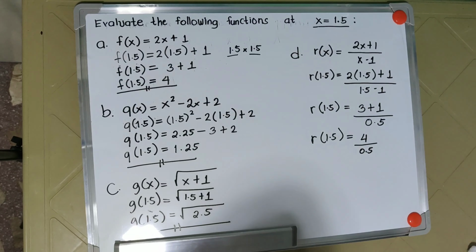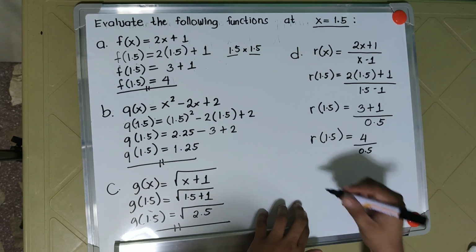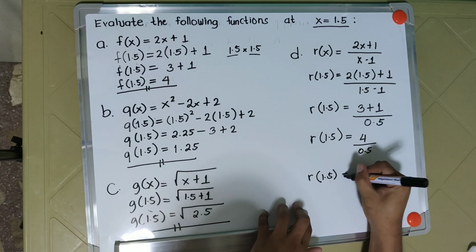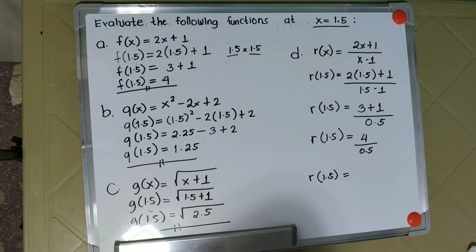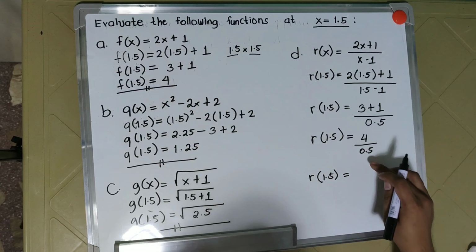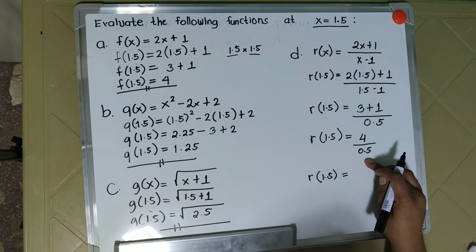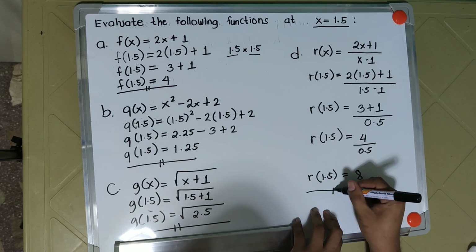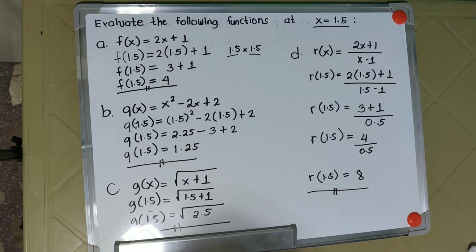Not yet, because 4 over 0.5 can still be simplified. Again, you can use your calculator or cell phone to easily answer the given equation. So 4 divided by 0.5, the result is 8. So that's it. Therefore, our R of 1.5 is equal to 8.